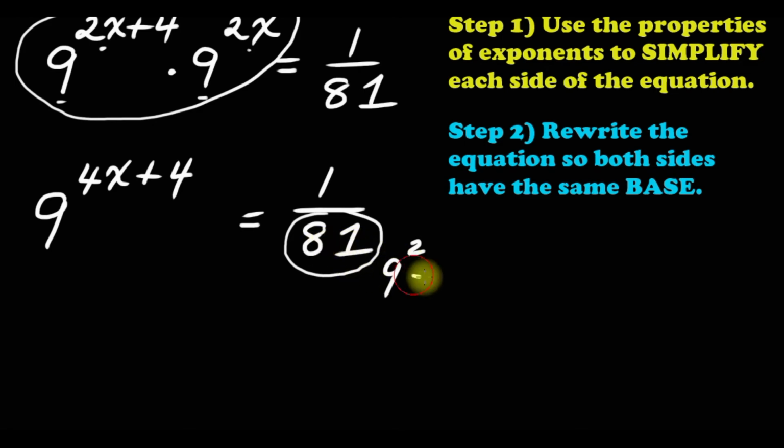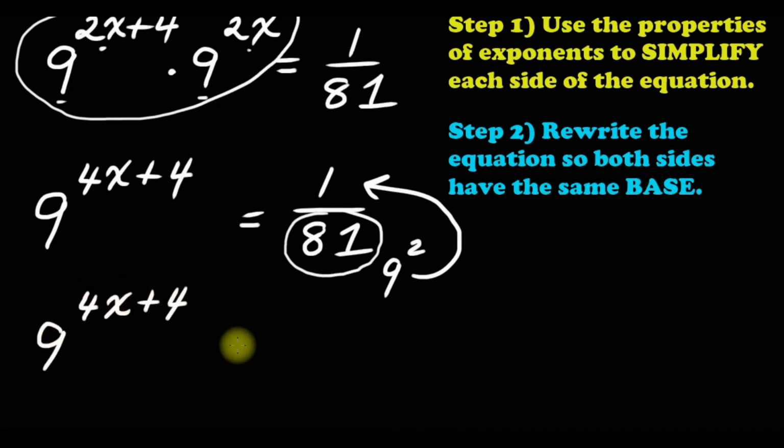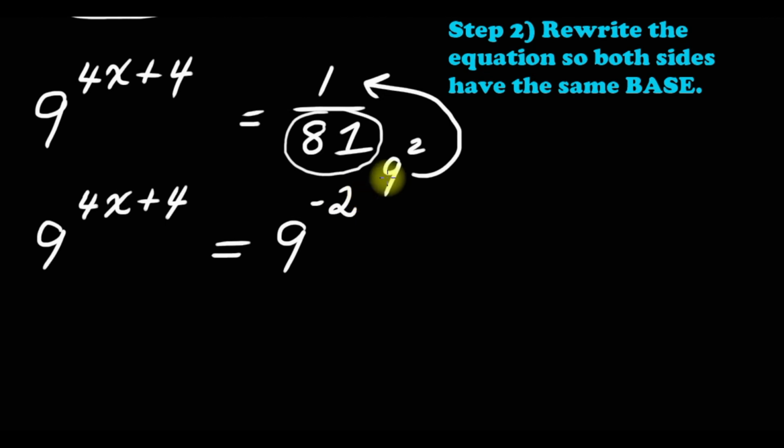So therefore, you would have to bring it to the top, okay, to have your numerator as base 9. So it's going to look like this now. So 9 to the 4x plus 4 is 9 to the negative 2. So instead of having 2 as the exponent, it's negative 2.